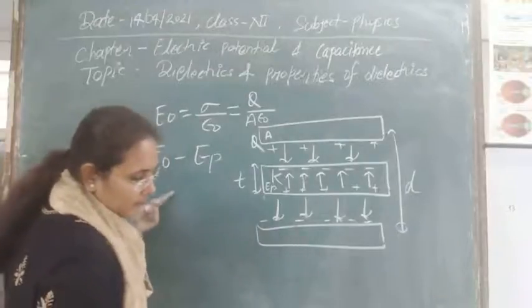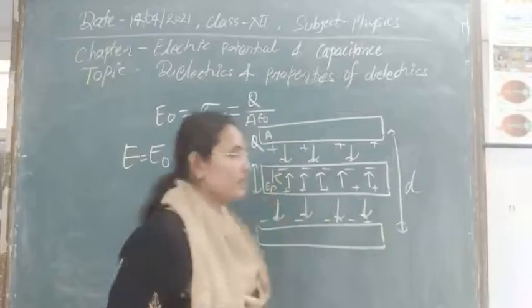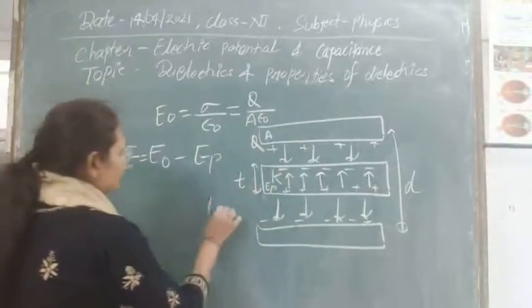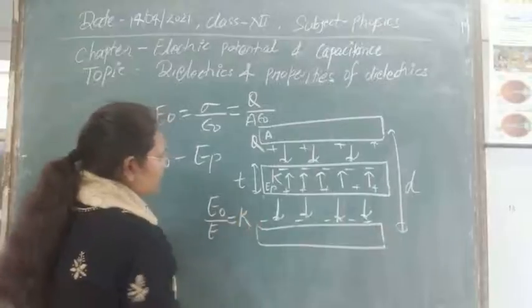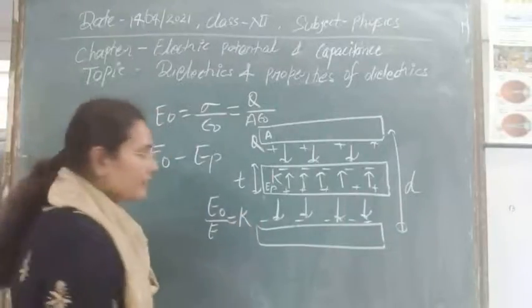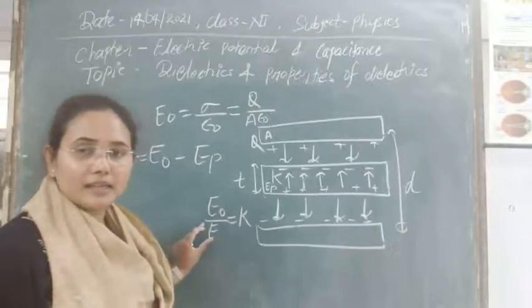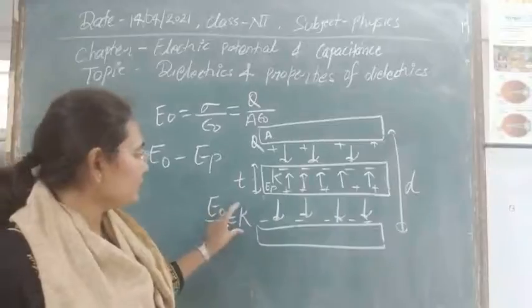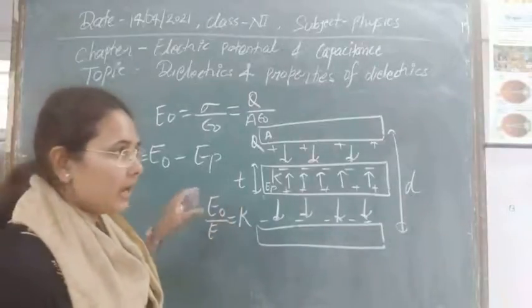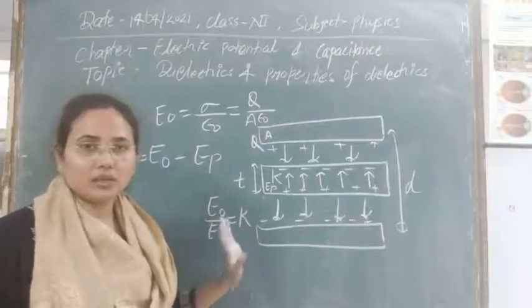Now, as we know, E0 by E is equal to the dielectric constant K here. Hence the ratio of the external electric field to the final electric field is known as the dielectric constant. It tells by how much the external field is reduced.